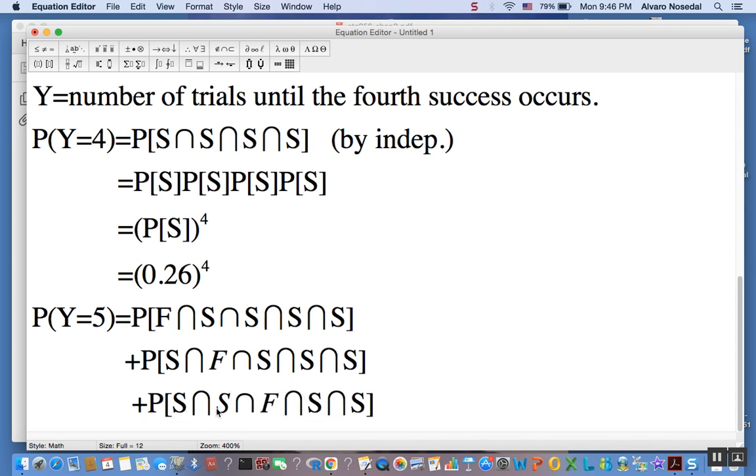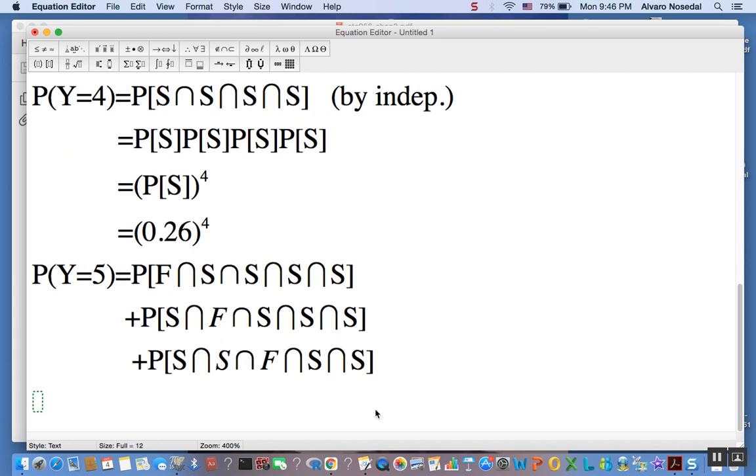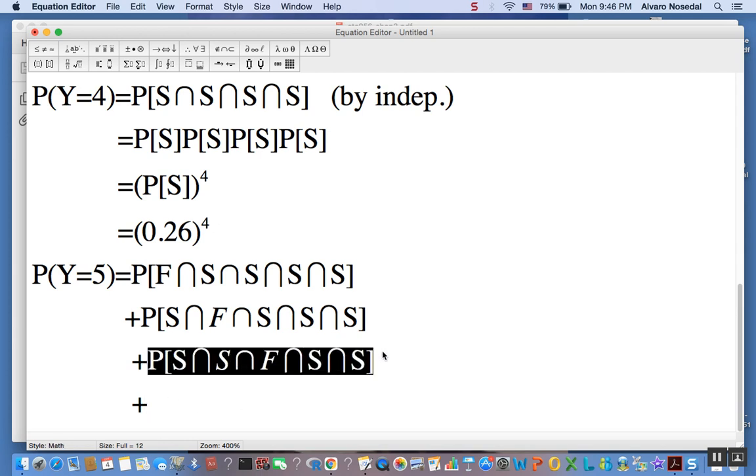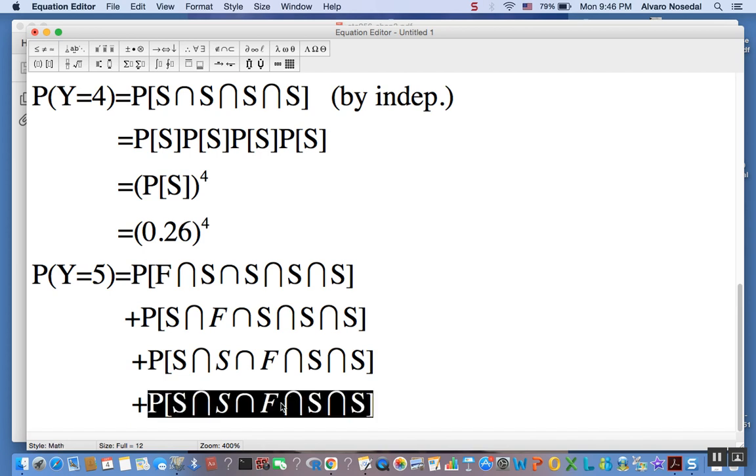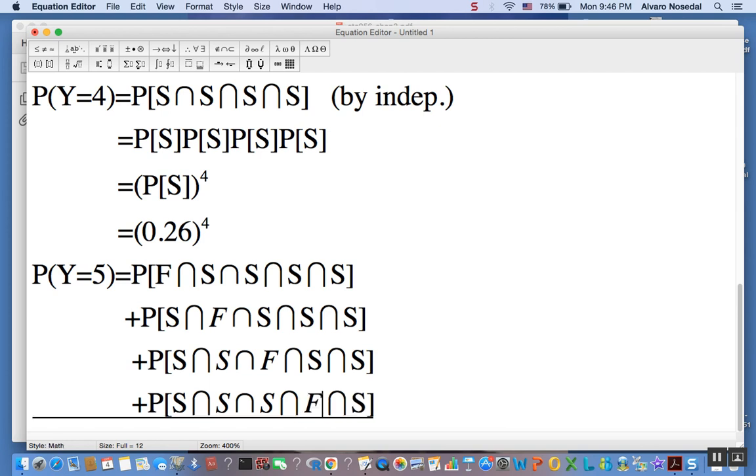After 2 successes, we observe a failure, and then we have another 2 successes. And the other one would be this event, that we have 3 successes, then 1 failure, and finally on the 5th trial we have our 4th success. Make sense?